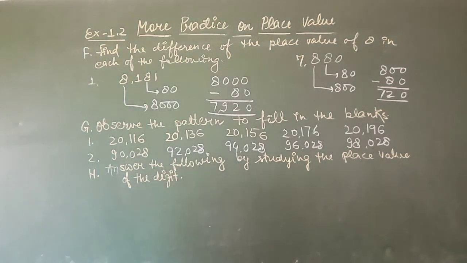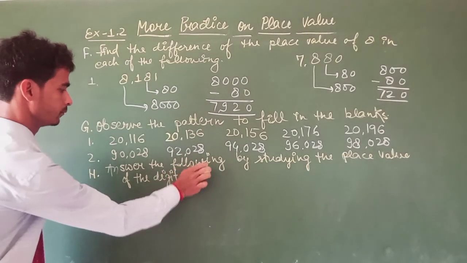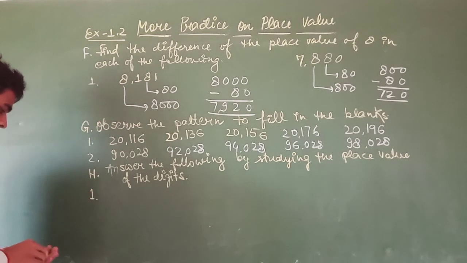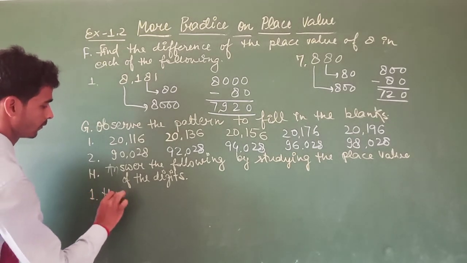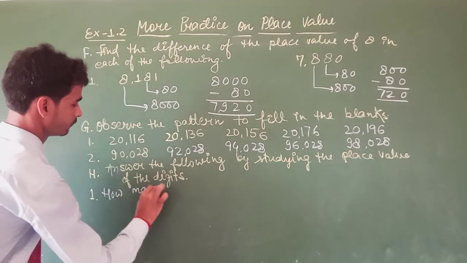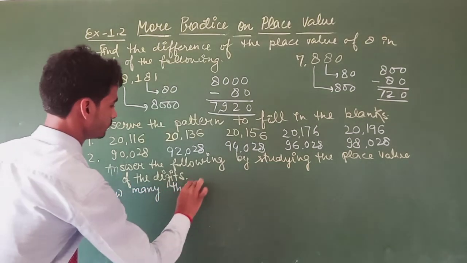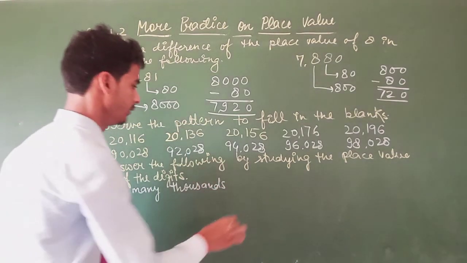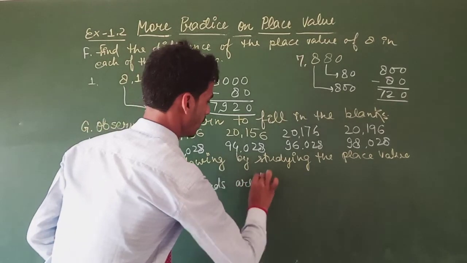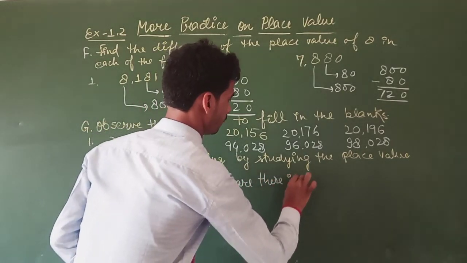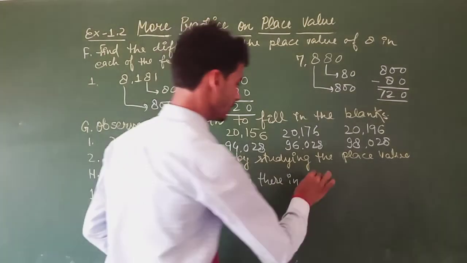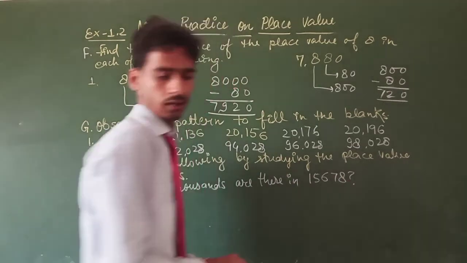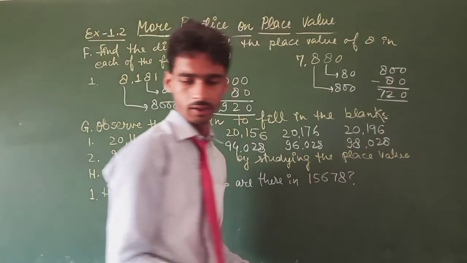Okay, the first question is how many thousands are there in 15,678? That is 15,000. How many thousands are there?